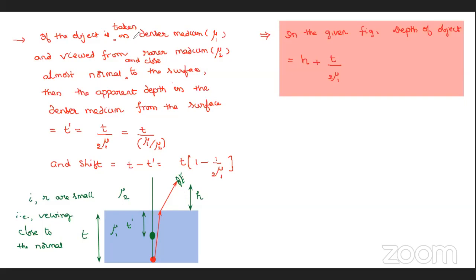Now observe what I'm going to say here. Suppose in this case, this is the bird, like a kingfisher, and this is the fish. Both are in motion, almost normal to the surface. What is the kingfisher's duty? It tries to catch fish from water.